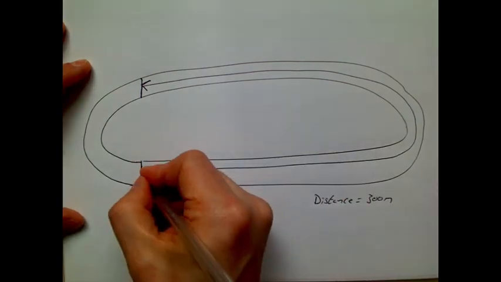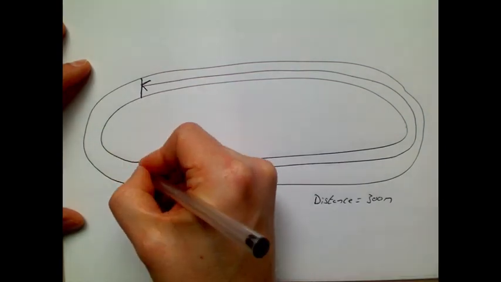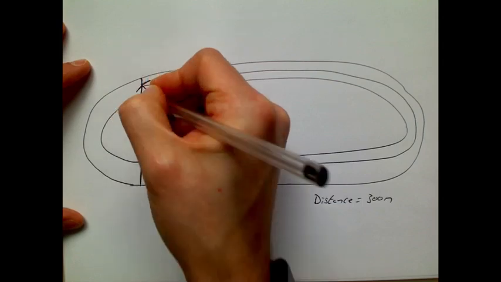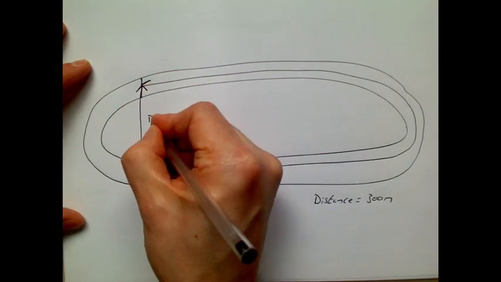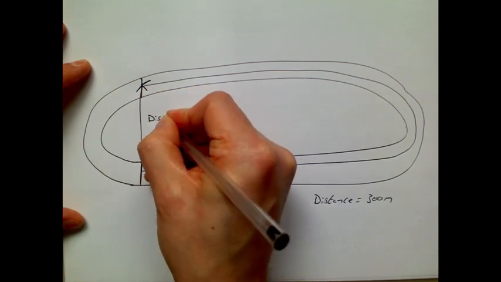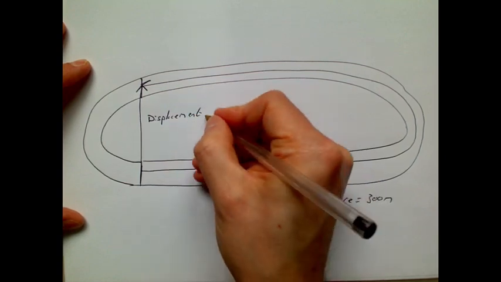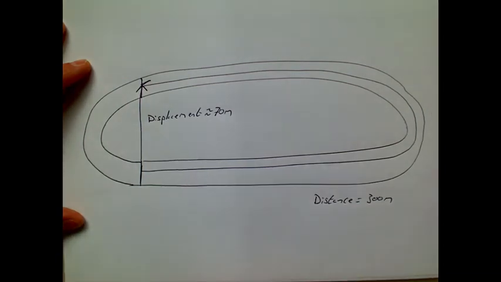If we were to measure how far you were from your starting point in a straight line, so we measure straight up from the start to where you're currently stood, that is now your displacement, how far you've moved in a straight line from the starting point. So that's the displacement, and that is approximately 70 meters.